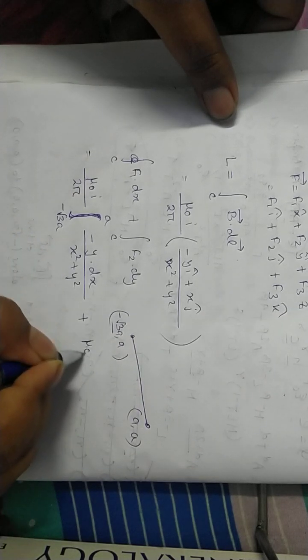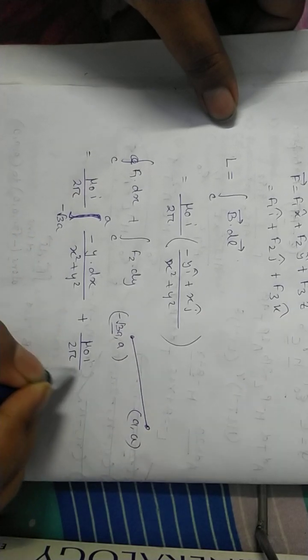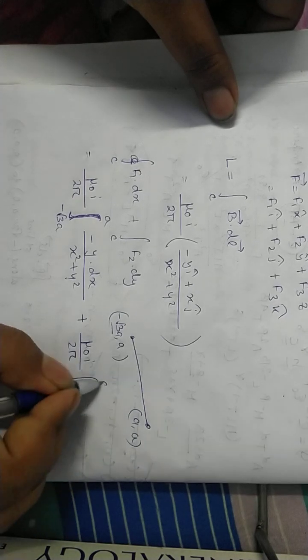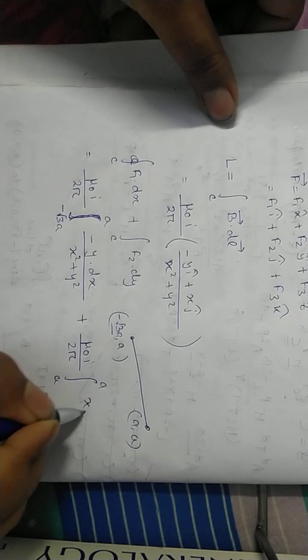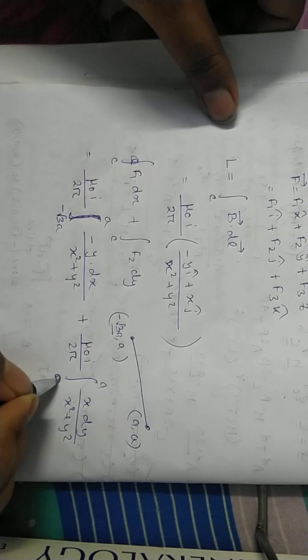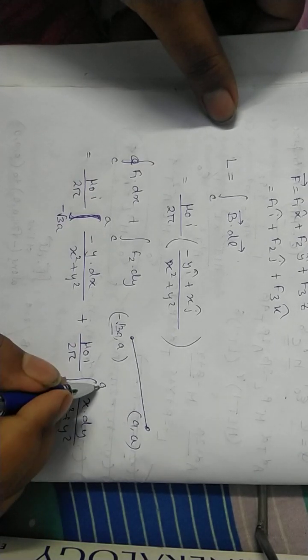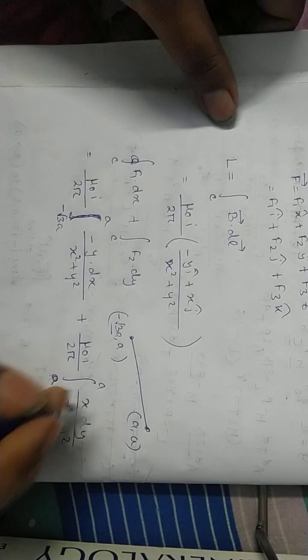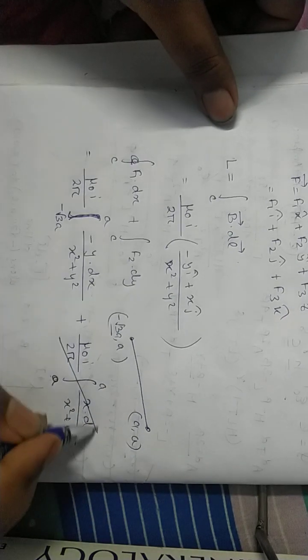And the second will be mu naught I by 2 pi integral from a to a of x dy by x square plus y square. Integral value from a to a means it is constant, so it is 0.